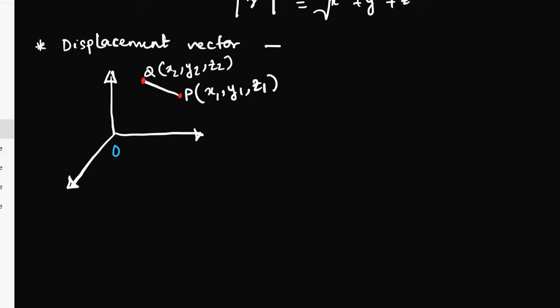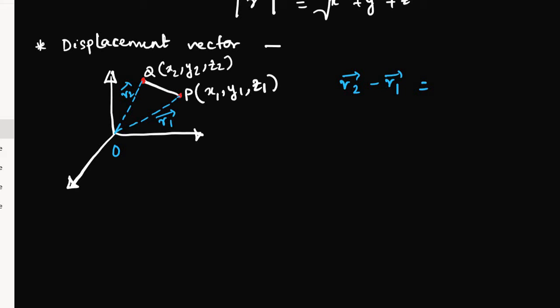First of all, I will join P with origin so that I will have R1, isn't it? Then I will join origin with Q so that I will have R2 vector. So easily R2 minus R1 vector should give me the resultant of it.